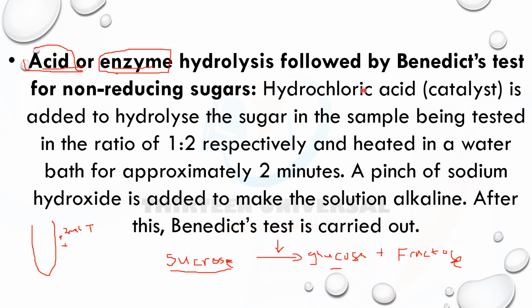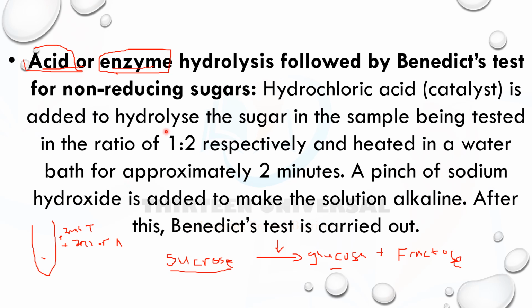So hydrochloric acid: after you have added the test solution, about 2 ml, into the test tube in the lab, you now add about 2 ml or less of the hydrochloric acid, I'll call it A for acid, to the same test tube. So you add 2 ml of test solution, 2 ml of acid A, and then you heat.